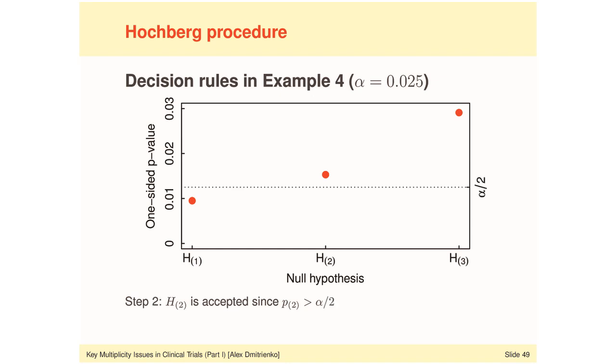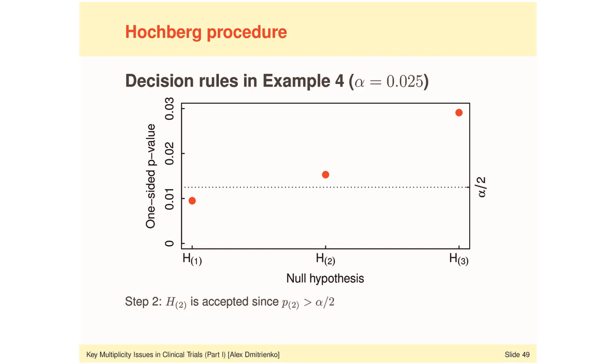Step 2 on this slide, slide 49, shows the difference between the 2 step-up procedures. The decision rule for this ordered hypothesis depends only on the current p-value, as you can see when you take a look at the rule shown below the plot. And that's the rule that is utilized by the Hochberg procedure.